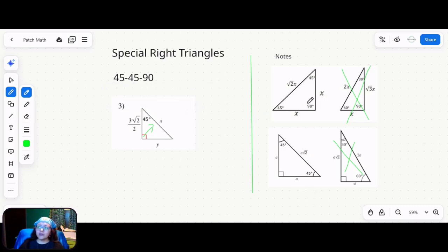But in both given figures, the hypotenuse is actually square root of 2 times the variable x, where x is defined as a side length. In other words, x doesn't mean the same thing in this figure as it does in this figure. That's why I recommend my students get comfortable with seeing this in two ways.